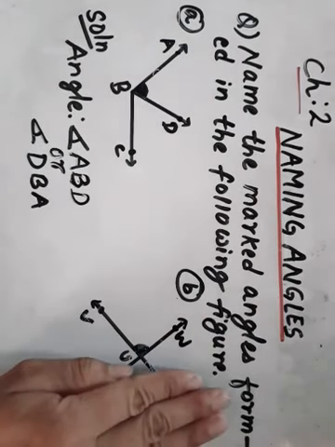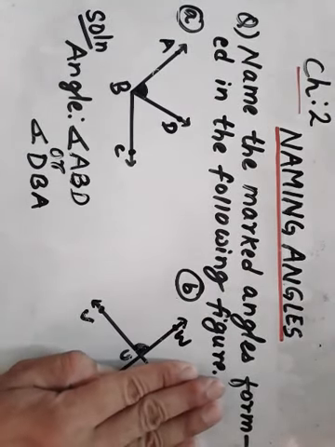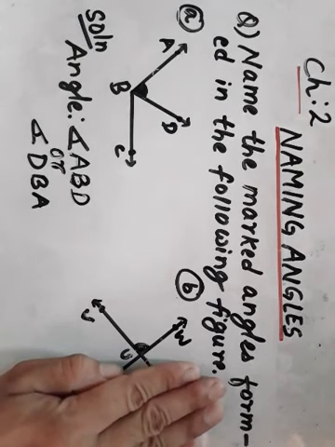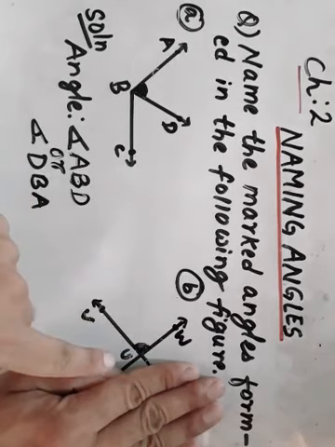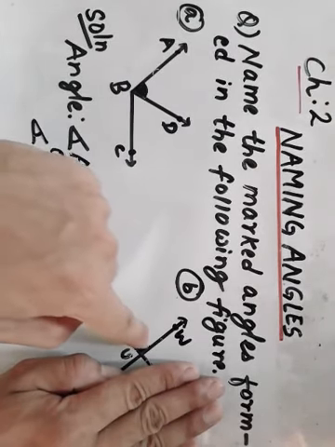For your easiness, you can hide this portion. Now as you can see, VU and WU are the two arms which make this angle.